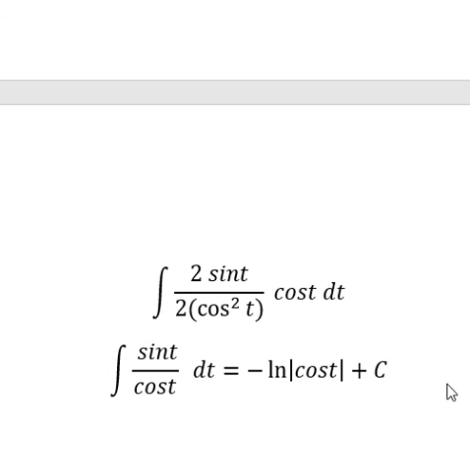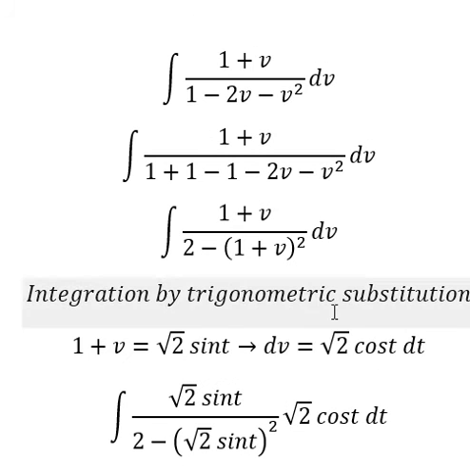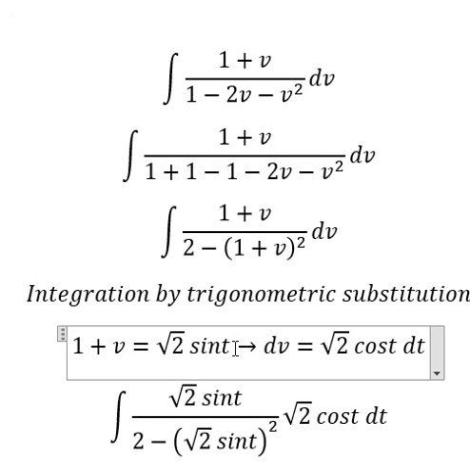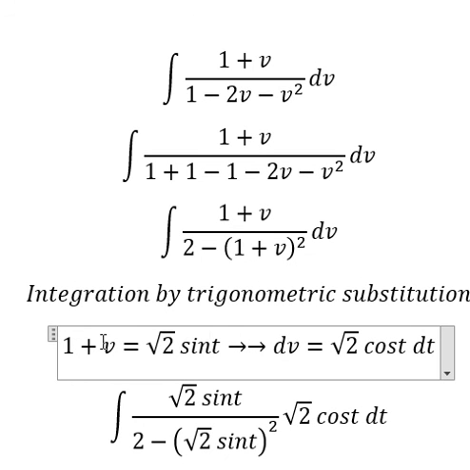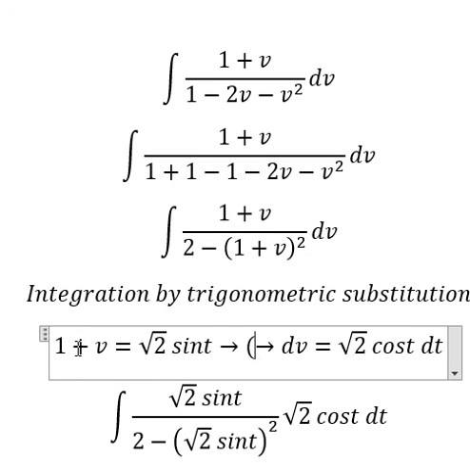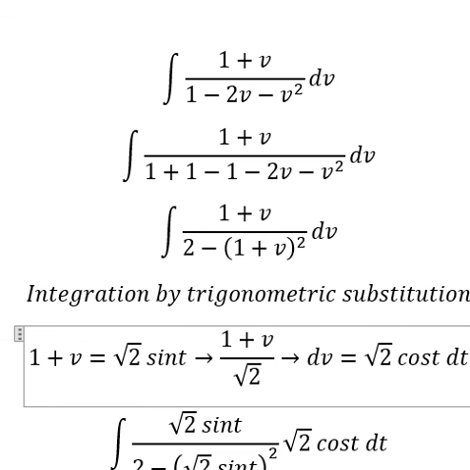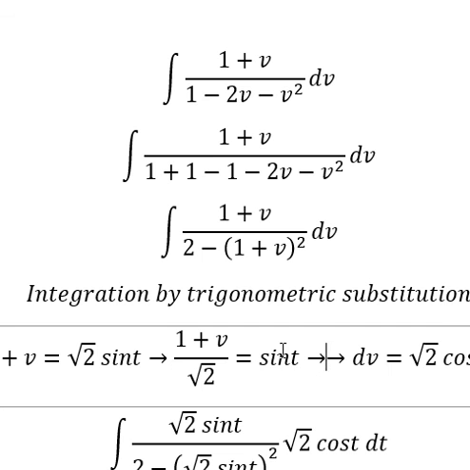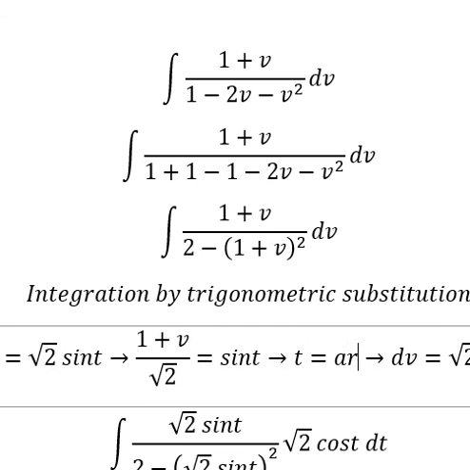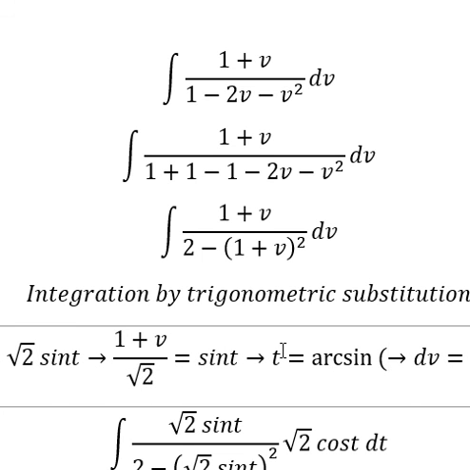About t in here. So we divide both sides by the square root of number 2. And we have t equal to arcsine of this one.